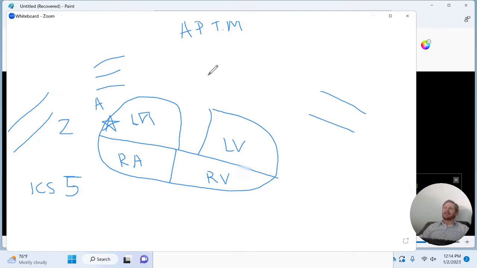I wonder if I can fit that in because apartment. I almost want to make a different word because between the P and the T, I think there should be an L for left sternal border, right? So we can try to make a mnemonic here. You can even say, you know, Apple TM, like trademark for Apple.